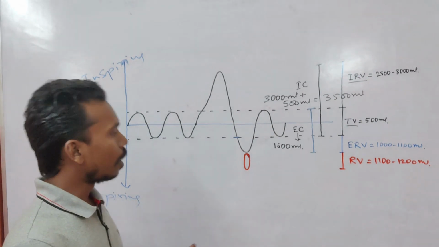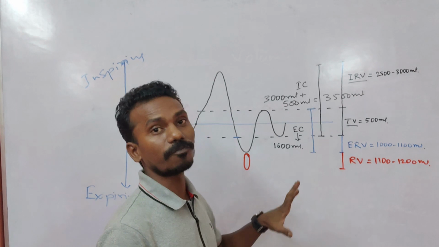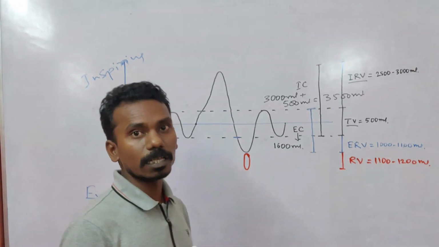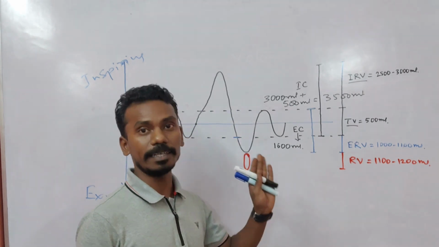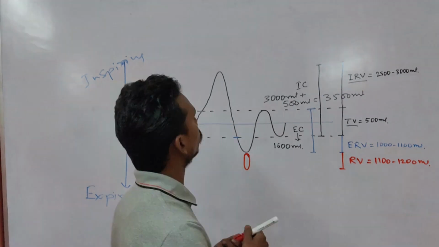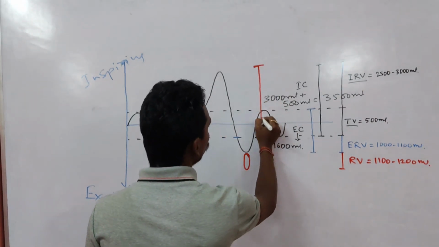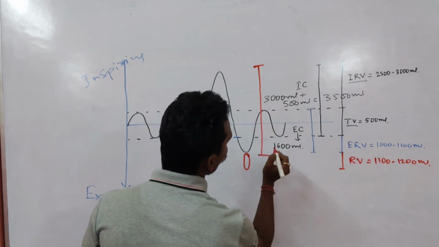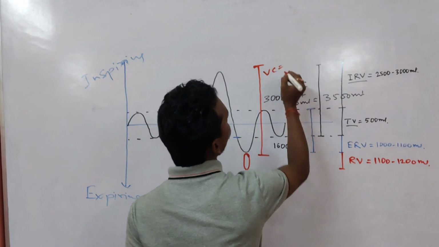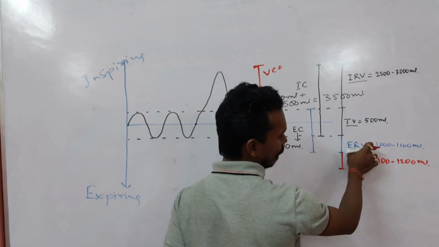After expiratory and inspiratory capacity, we must talk about the vital capacity. In this, you are inspiring air forcefully and expiring air forcefully, so that comes from here to this point. Vital capacity is equal to IRV plus TV plus ERV.